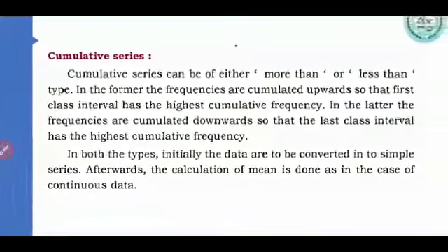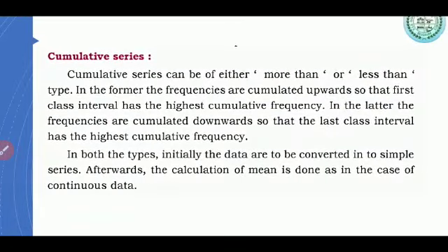Now the cumulative series. A cumulative series can be either more than or less than. In the former, the frequencies are cumulated upwards so that the first class interval has the highest cumulative frequency. In the latter, the frequencies are cumulated downwards so that the last class interval has the highest cumulative frequency. In both types, initially the data are to be converted into a simple series.